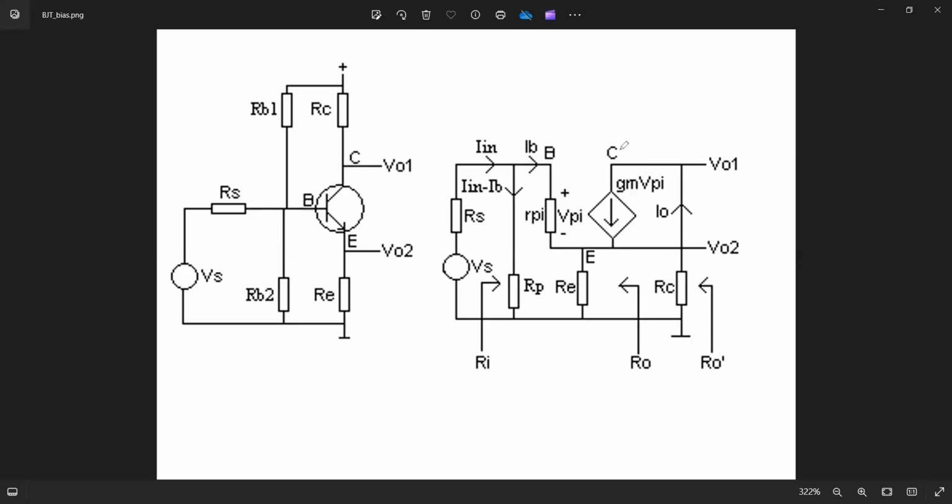As I said, from the collector, you can have output voltage VO1. And from the emitter, you can have another output voltage VO2. So this is how you can obtain a small signal model for this circuit. This is the original circuit and this is a small signal model.